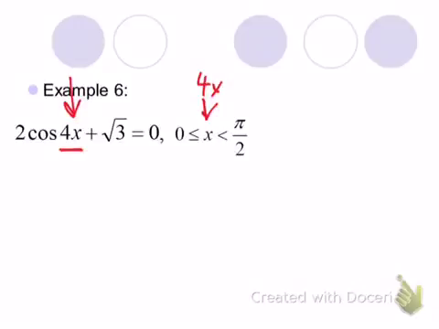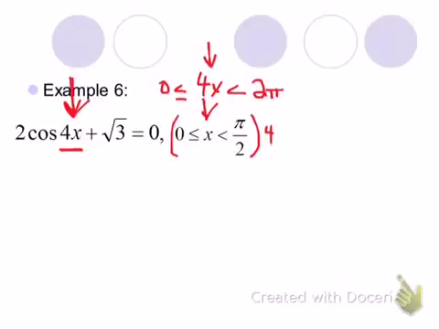And I can turn it into 4x simply by multiplying through this inequality by 4. And that would give me 0 is less than or equal to 4x, and 4 times pi over 2 is 2 pi. And now my angle in my domain matches my angle in my problem.